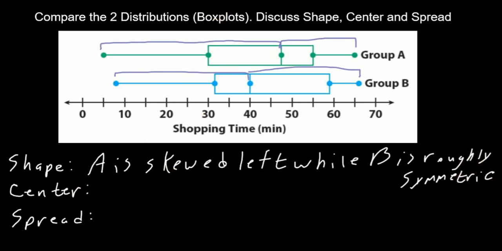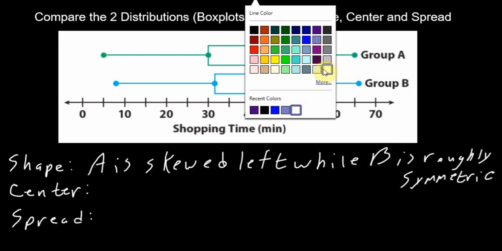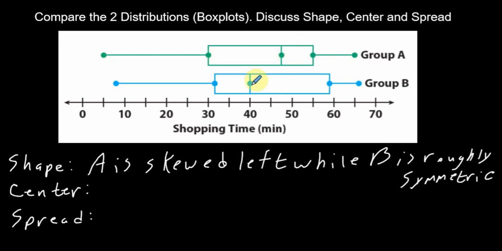Center, we'll erase here. We'll see center a little bit more clearly. And it's a box plot, so we're clearly going to be using the median. So clearly group B has a median, a center that's 40, compared to, let's call that 47.